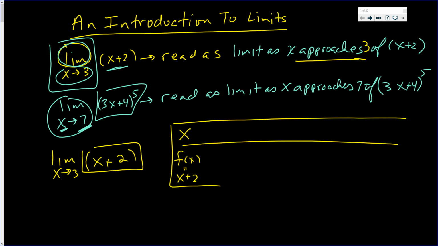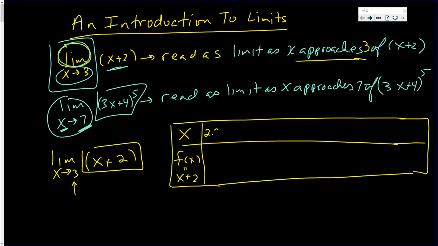And we want to see what happens as x gets closer and closer to 3. So maybe first I let x be 2.9 and then 2.99 and then 2.999.